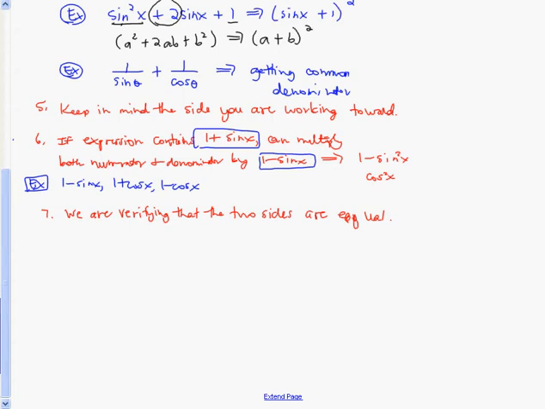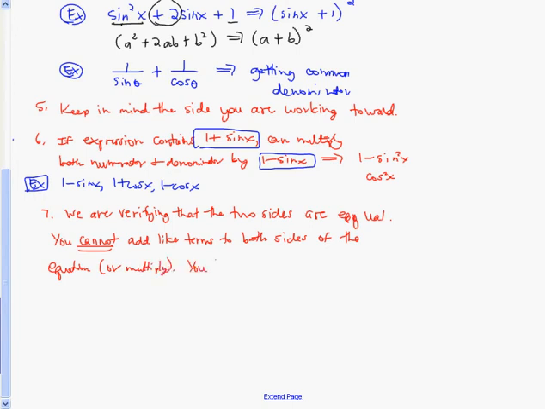And because we're verifying that, you cannot treat this like a regular equation, which means you cannot add like terms to both sides of the equation or multiply.